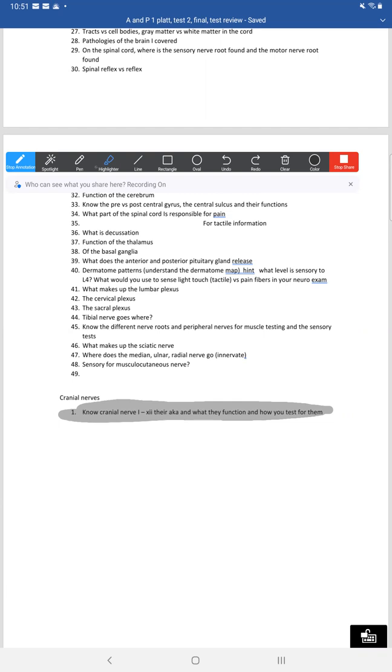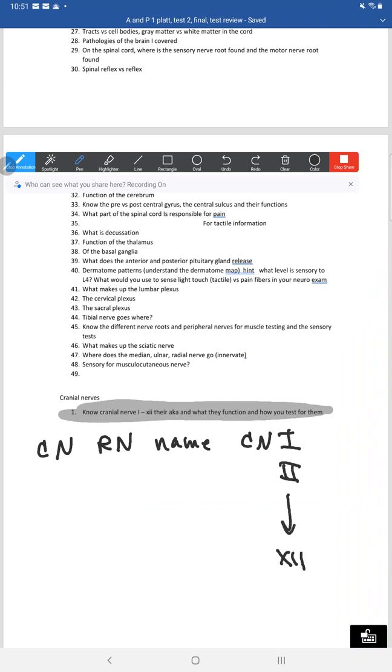So you'll want to know the cranial nerve Roman numeral name, such as cranial nerve 1, 2, and so on, all the way to 12. And then its AKA or full name.